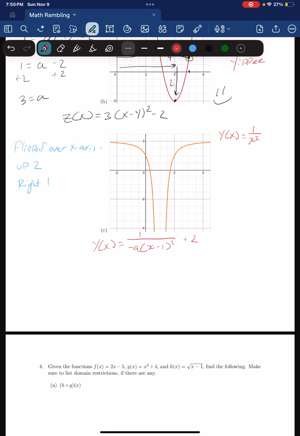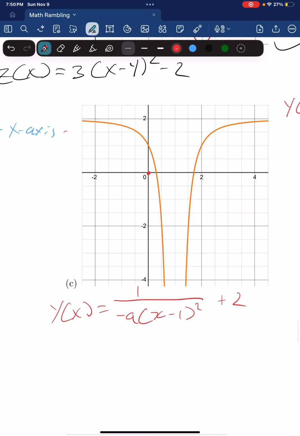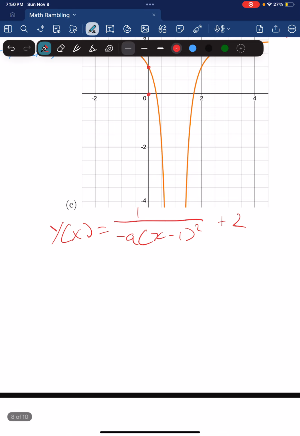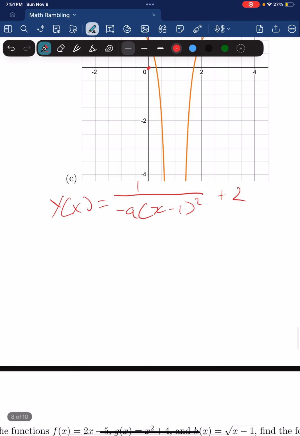All right, now we have to solve for a by plugging in a point. Oh, I found an easy point. At x equals 0, we're at 1. So let's plug that in. So 1 equals 1 over negative a times 0 minus 1 squared, plus 2.